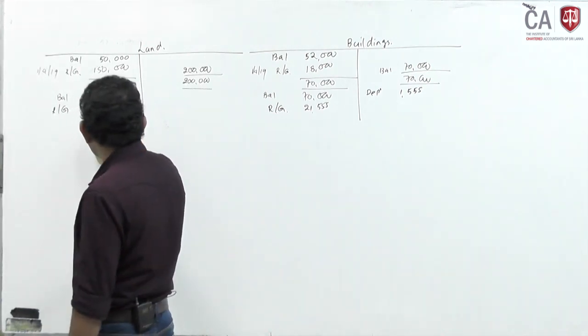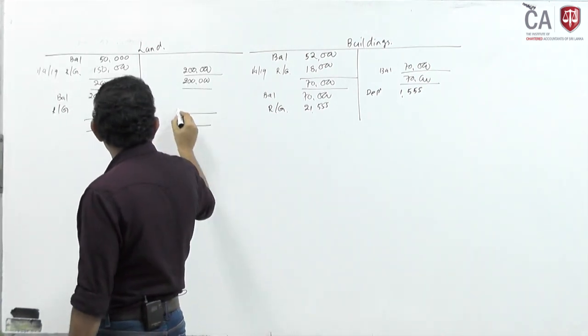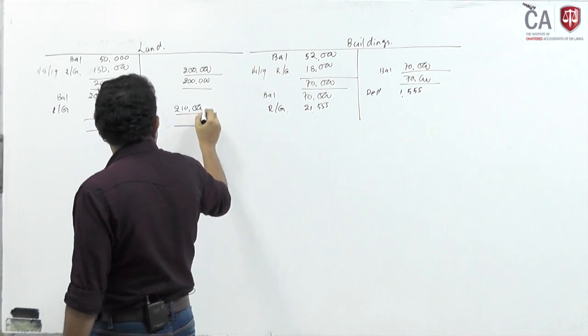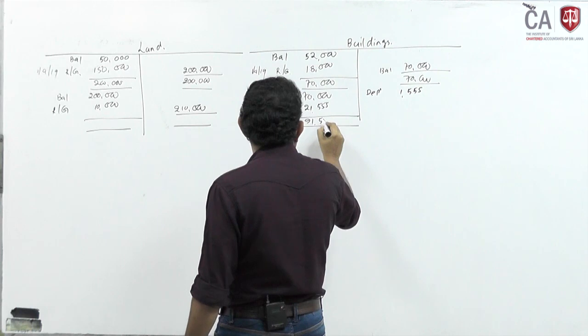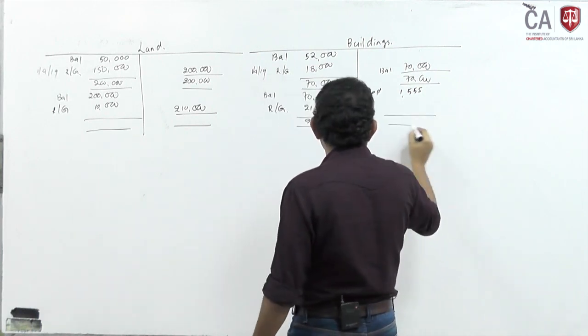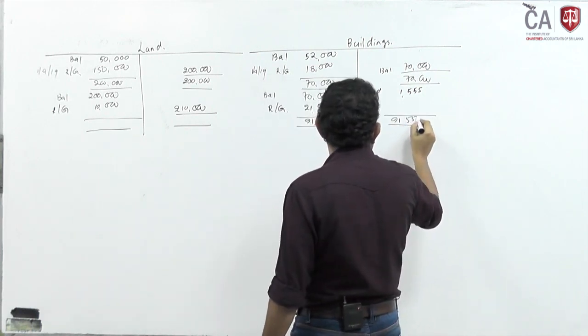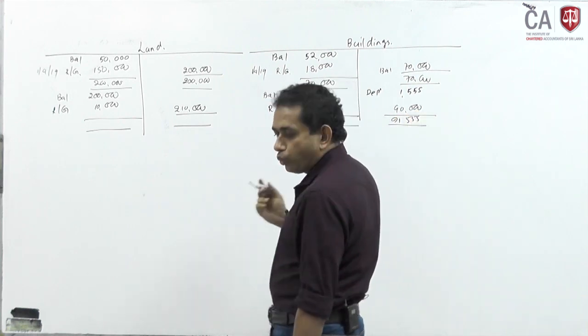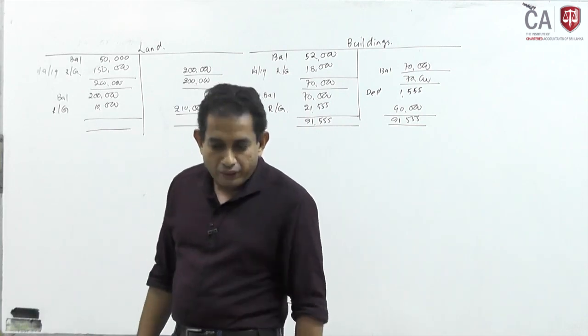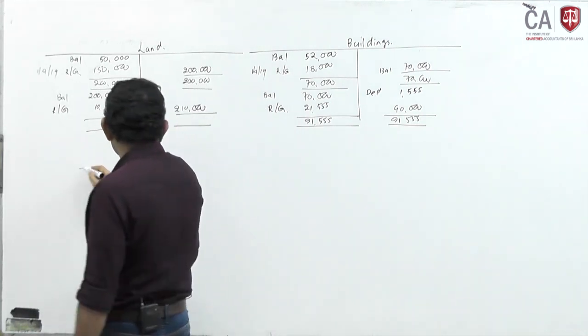Now, let me close up 210, this is 91,555, balance has to be 90,000. We will transfer both of them to investment properties now.